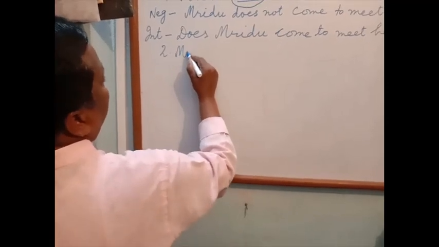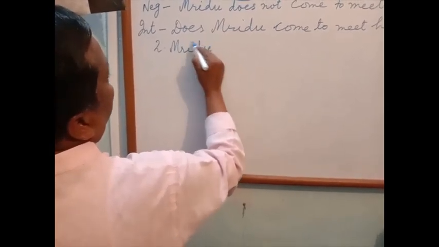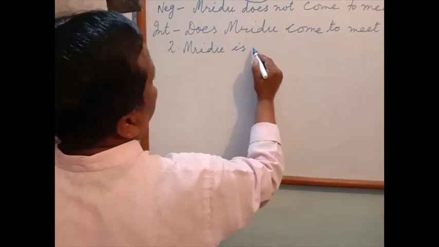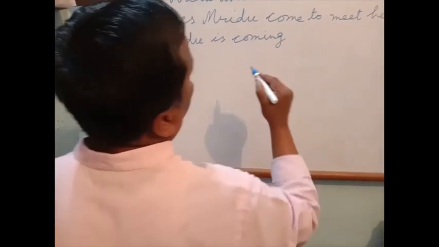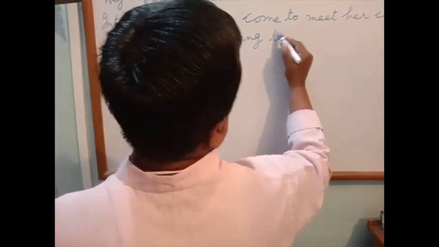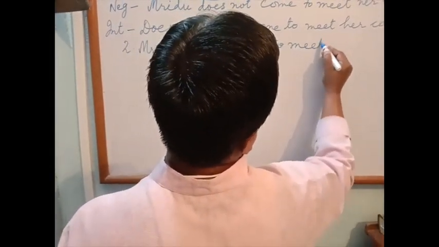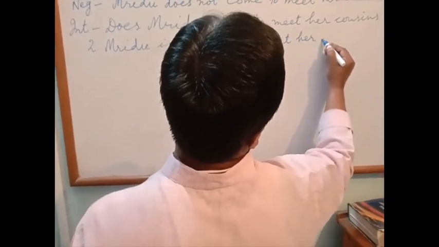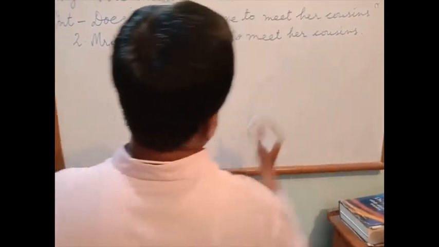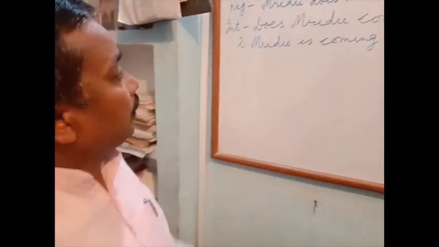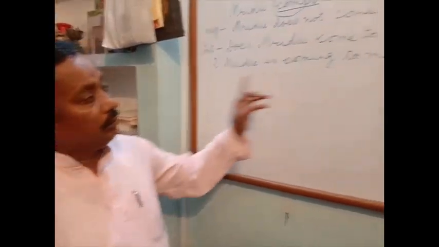Mridu is coming to meet her cousins. Okay, this is an assertive sentence.